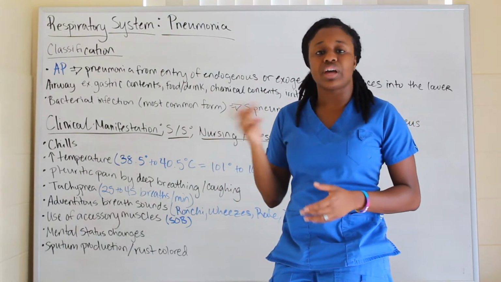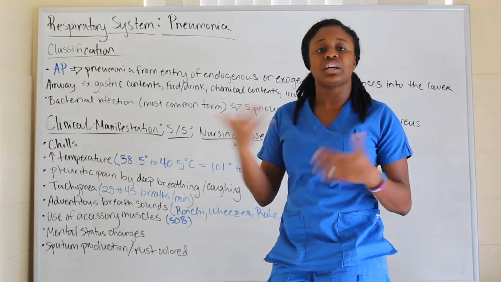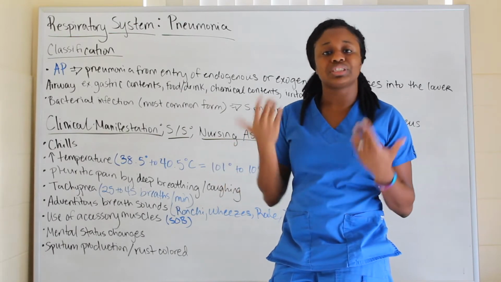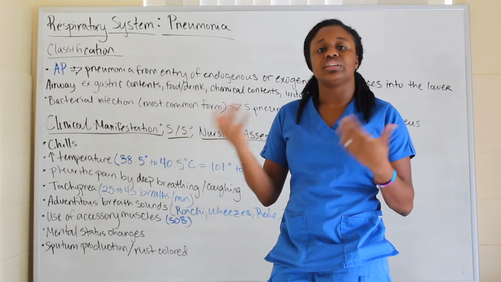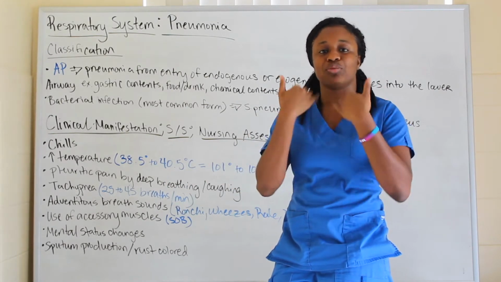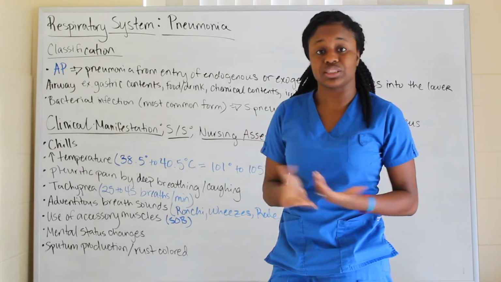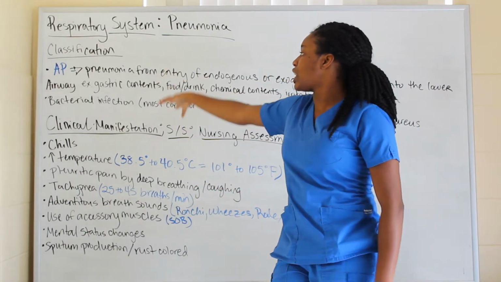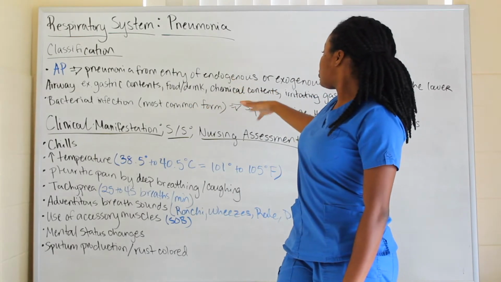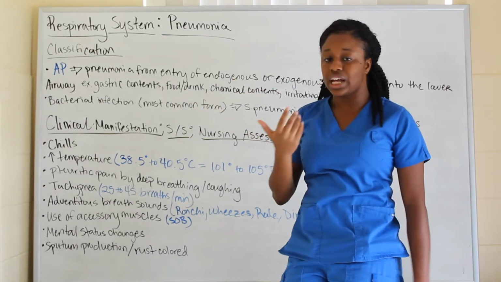Outside you have food, drinks, chemical irritants, irritating gases, things that come from the outside going in. And endo is anything from the inside going into the lungs, in places where it's not supposed to be. So the examples are gastric contents, food, chemical contents, and irritating gases.